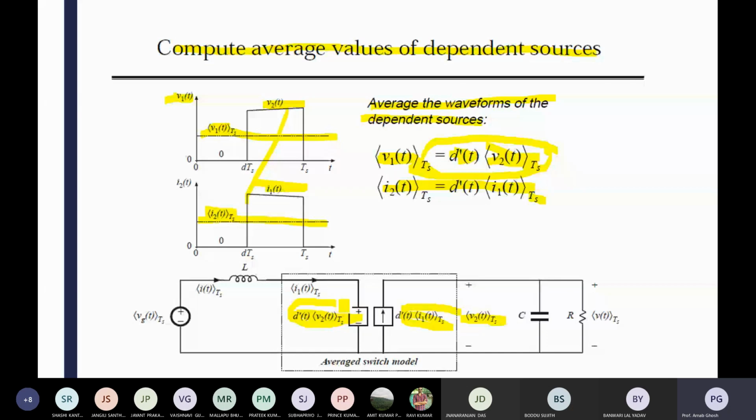That is why both the voltage and current sources are dependent in nature. So this is the average switch model, and you can calculate those values. I have not given the detailed calculation, since it is a similar thing, but you have to calculate it in your classwork copy and recheck all the steps to see whether it comes out.